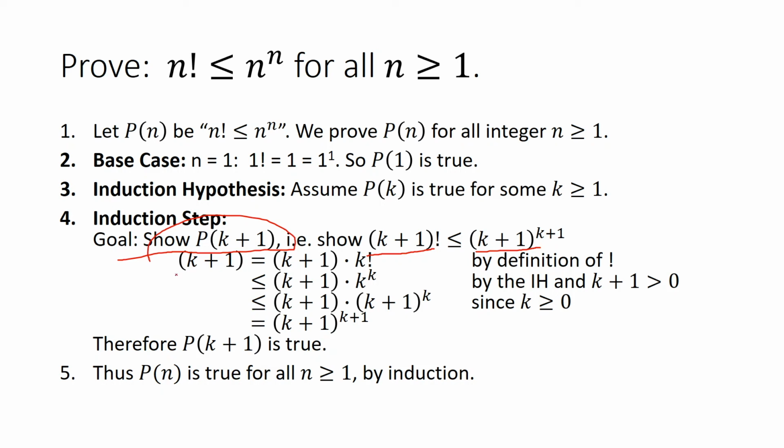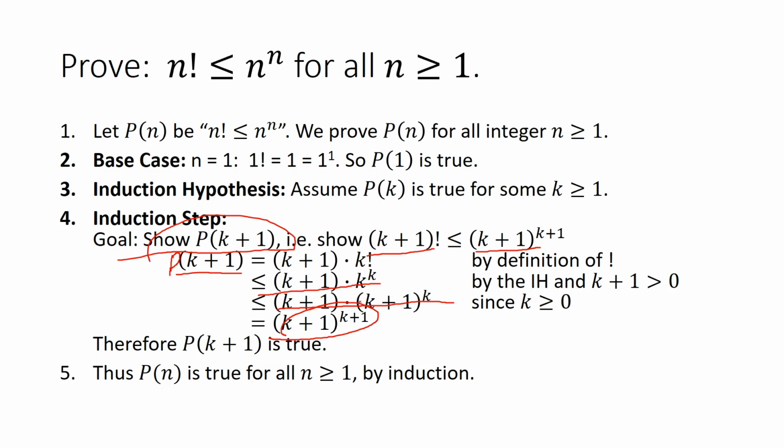So here, p of k plus 1 is equal to the previous step k factorial multiplied by k plus 1, and that is less than this, and this one is also less than this, because k is greater than or equal to 0, and this is exactly the same as the definition of the right-hand side.